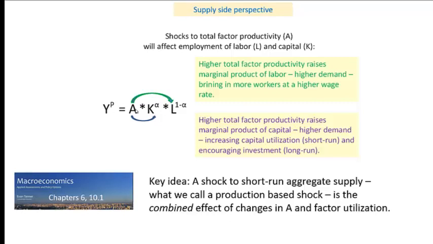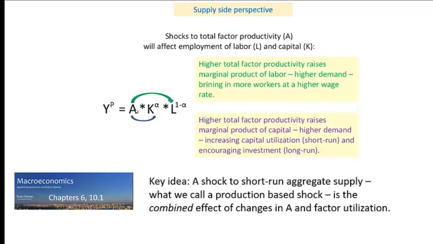More members of the labor force will accept employment as wages rise. In the other direction, suppose that we have a decrease in total factor productivity. That's going to reduce the marginal product of both capital and labor. More idle capacity will be sent to the sidelines and not used for production. Fewer members of the labor force will accept employment as wages fall, and some will be shut out of employment if wages are sticky on the downside.